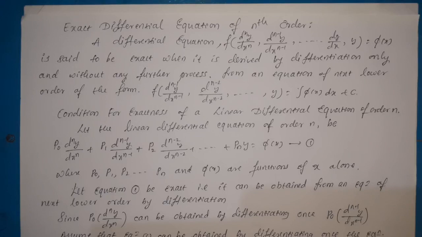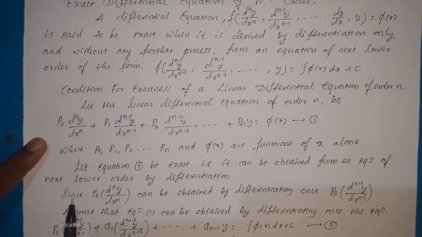So therefore here let equation 1 be exact, that is, it can be obtained from an equation of next lower order by differentiation, right? So to get this equation, the other equation has to be differentiated once.